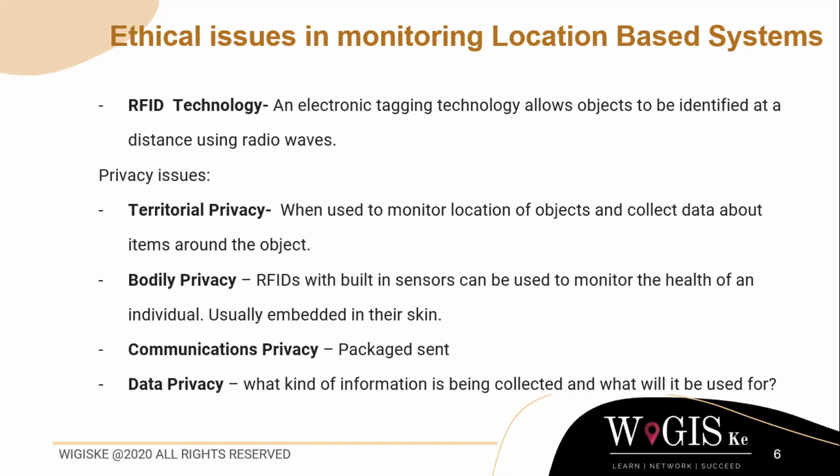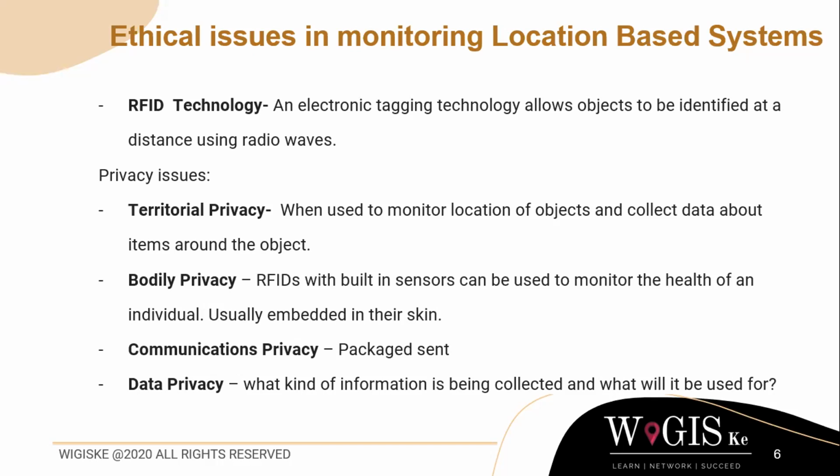These are territorial privacy. So what is this about? When you use RFIDs to monitor the location of an object, that is by definition what territorial privacy means. It means you're exposing the location of this feature or this object or this person, depending on what you're collecting.